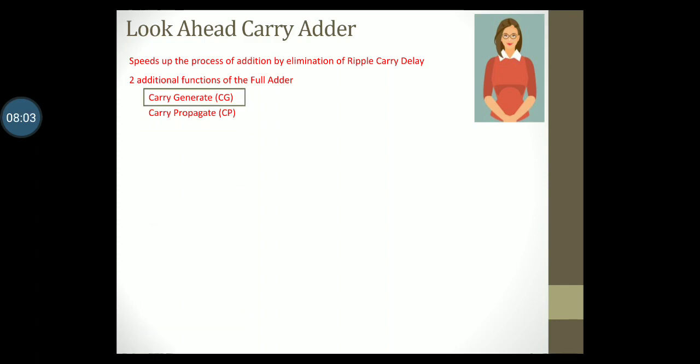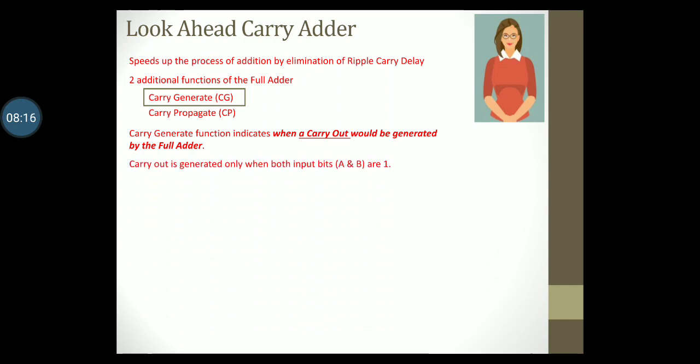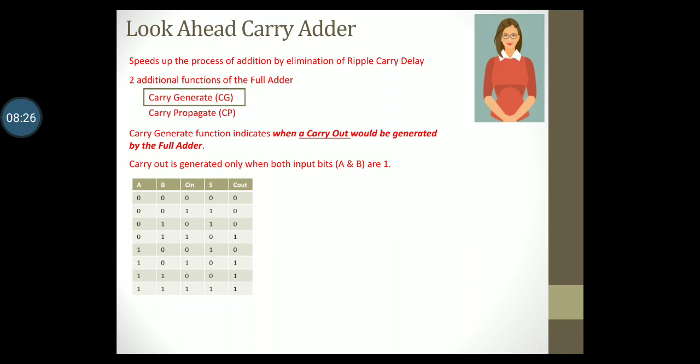Let us take a look at the carry generate function. The carry generate function indicates when a carry out would be generated by a full adder. A carry out is generated only when both the inputs A and B are 1. Recollect the truth table for a full adder. The only two entries in this table where both inputs A and B are 1 and generate a carry are as follows.